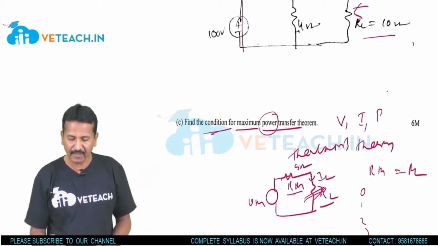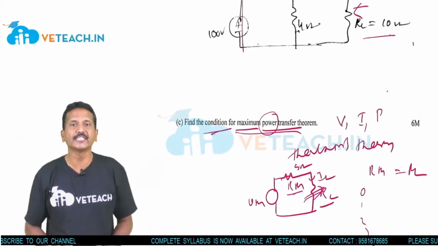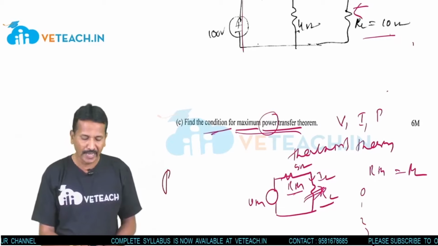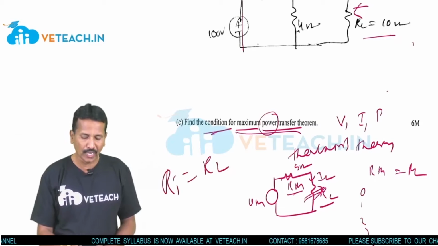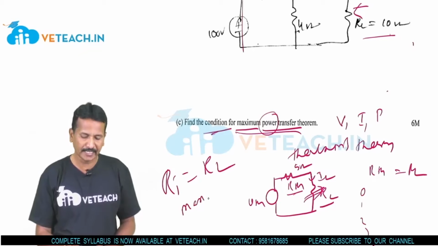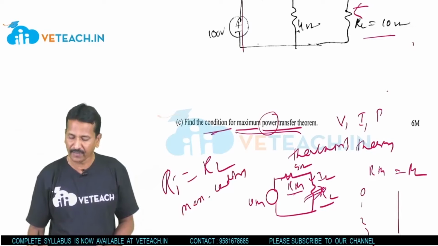RTH and RL values will be same. That condition we are saying as the maximum power transfer theorem. What condition? Where RTH is equal to RL. The values are same. That is the maximum power condition.